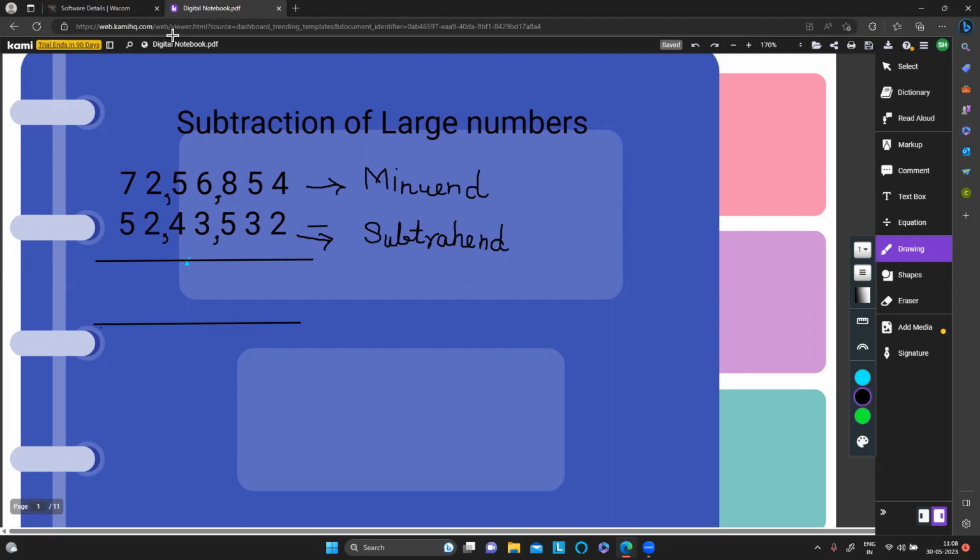Okay, now you will get a new number by subtracting the subtrahend from the minuend, which is called the difference. So difference is the number that you have to subtract and find out. Okay, please kindly give a pause and find the difference.